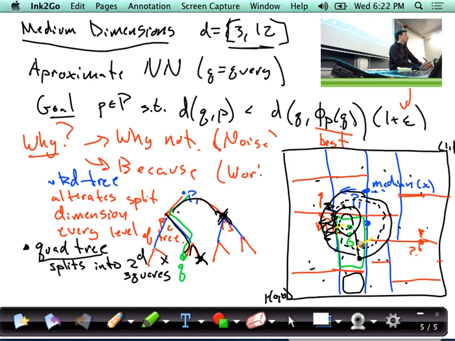So at every level it picks the center, and before, this was split based on the median. So I guarantee that the height of the tree was always log n, which is great for the KD tree. This says I'm going to split based on the geometry again. So I start by fitting my data in the smallest square possible, and then I always split into 2 to the d smaller squares.